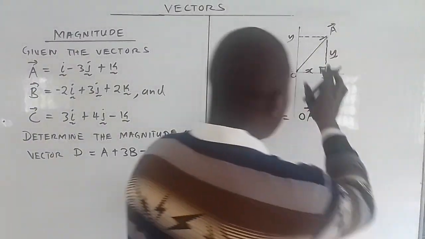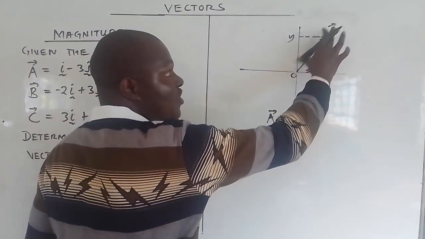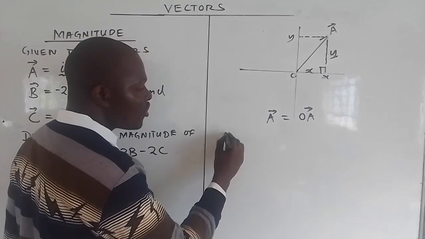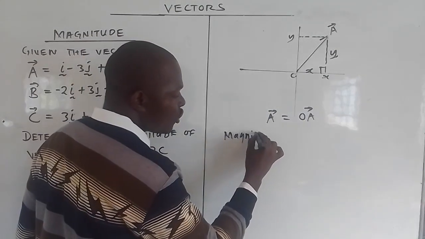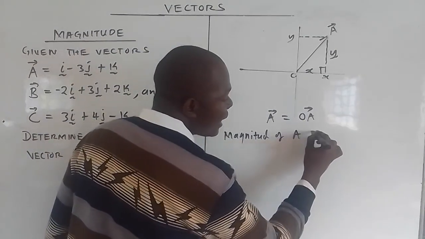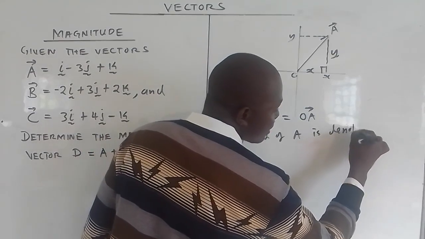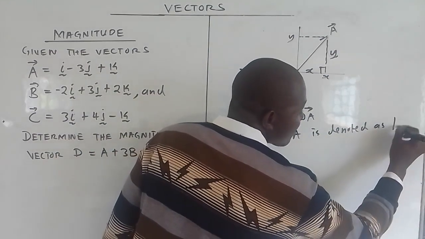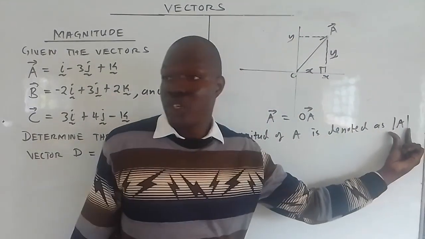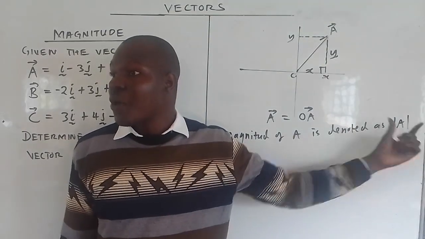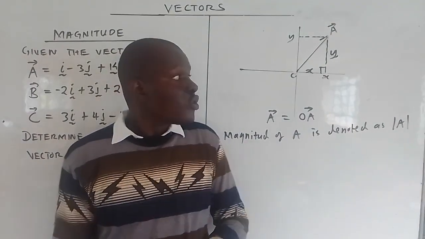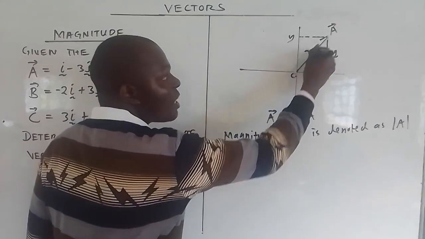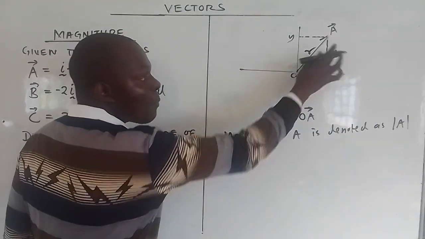So if this hypotenuse is the magnitude of vector A, the magnitude of A is denoted as that. You put those signs of absolute value. That is how we denote a magnitude of a vector. So if this hypotenuse here, let's say maybe it is r, then you can see the Pythagoras theorem.